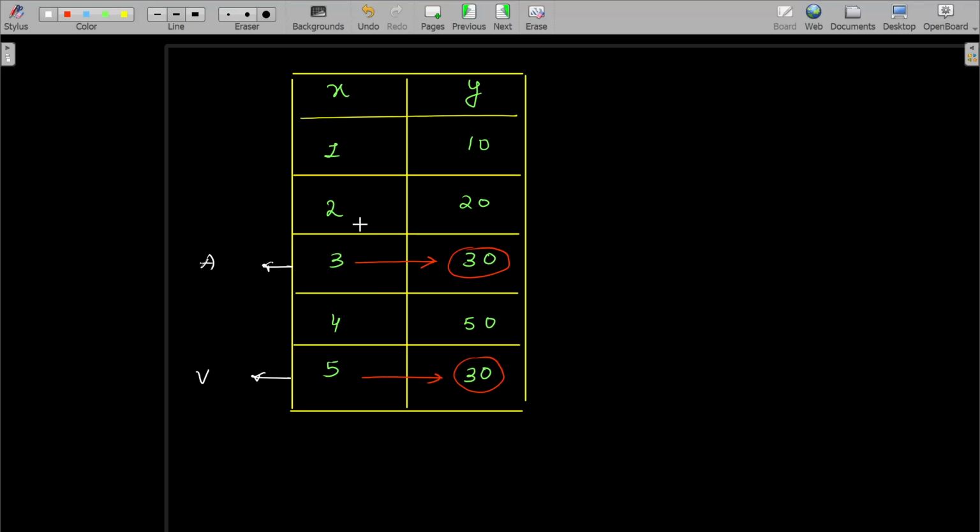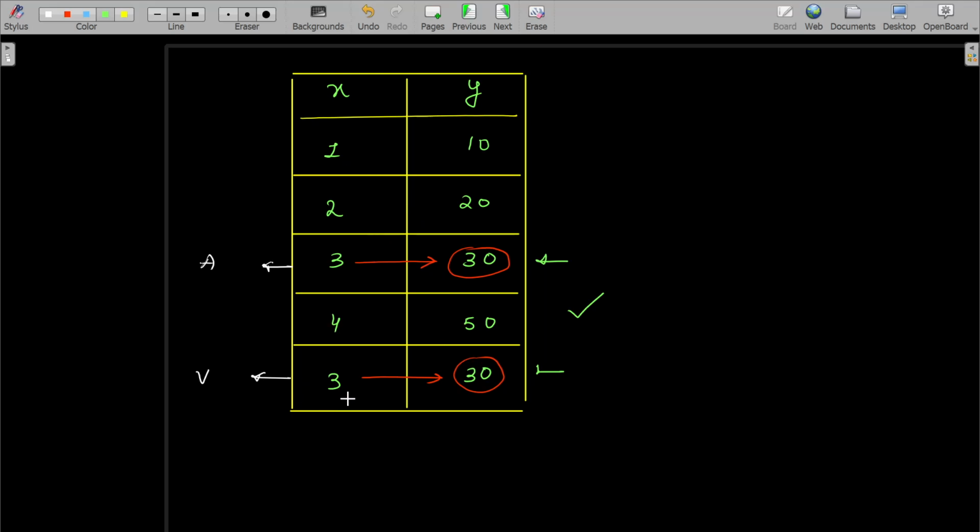But if instead of this 5, we had 3, then this would be a problem. Well, no, then also this is fine, Anishka. Again, this is a way that they can give you a question in a very confusing way. This is also fine. They have just repeated a data point, 3 comma 30, 3 comma 30. This is also a function.